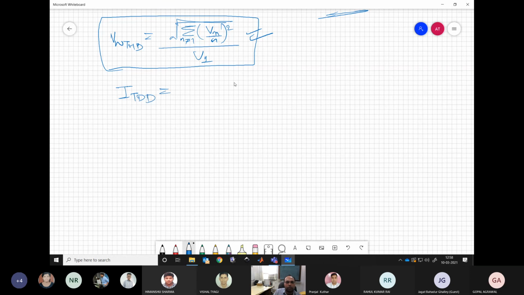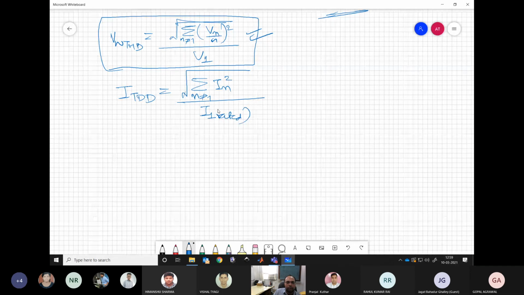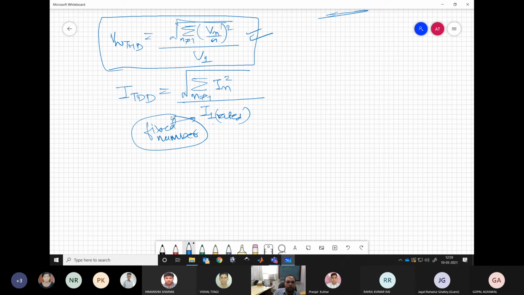Instead of harmonic distortion, we have total demand distortion, which means the square root of the sum of all the harmonics In, n not equal to 1, squared, divided by I1 rated. This is not what you are drawing at present, but the rated value. So it is a fixed number for a given system. As soon as you fix the system, your value is fixed. So this is called total demand distortion.